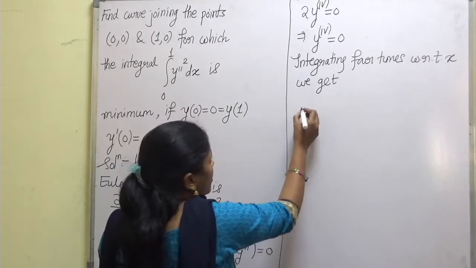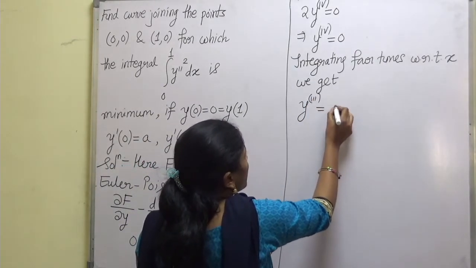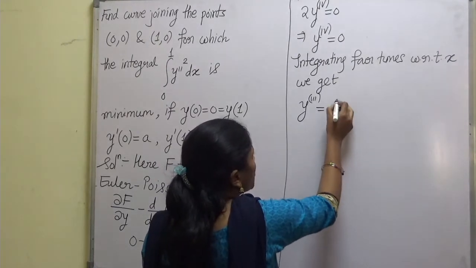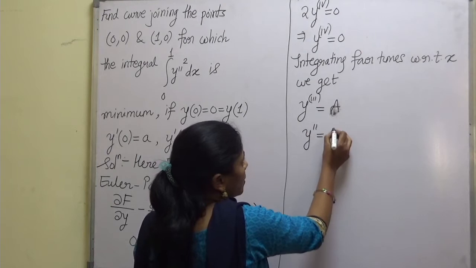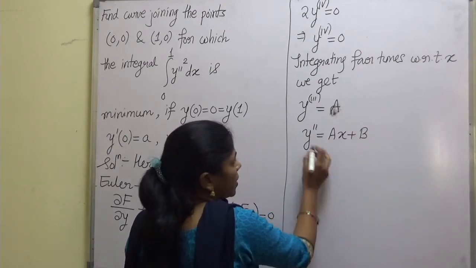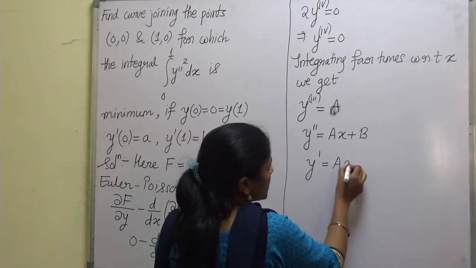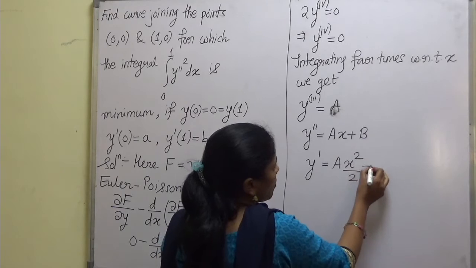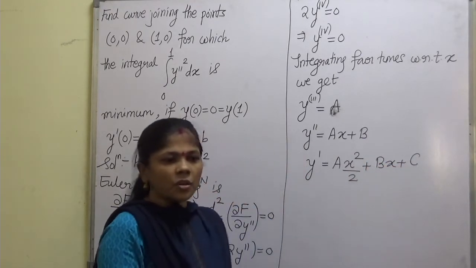So we have first the third order derivative equal to a, the constant of integration. Again integrate this, so we have the second derivative, that is ax plus b. Again integrating, we have the first derivative, that is ax square by 2 plus bx plus another constant of integration c.